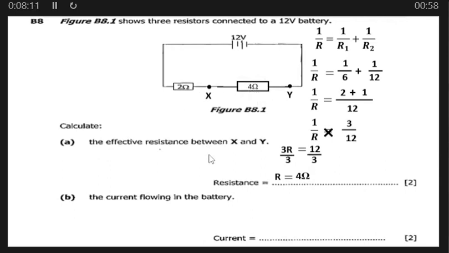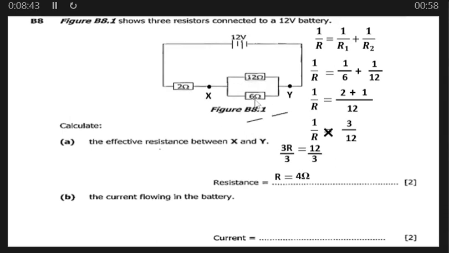All right. So then B says we calculate the current flowing in the battery. So they want us to calculate the current which is flowing through the battery. So remember, the current that is flowing through the battery is the same current flowing through the 2 ohm resistor, the same current flowing through this parallel circuit here. Though when it reaches here, some goes there, some goes there.